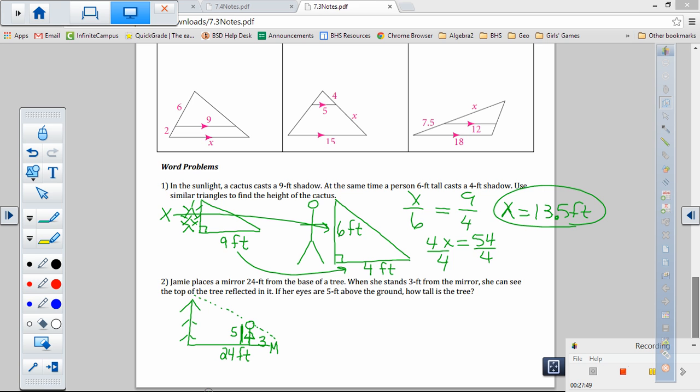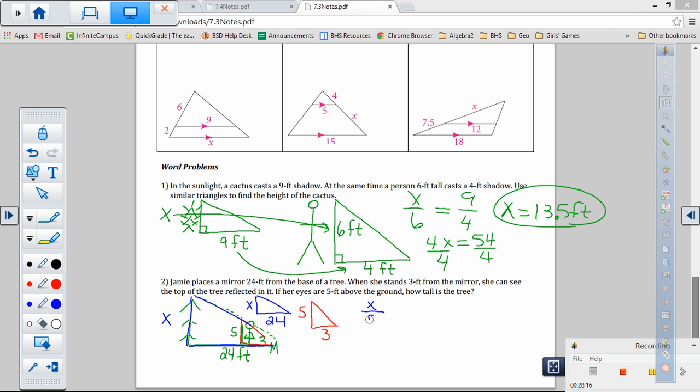So what they're asking you to do is to recognize that there are two triangles here. This one, 5 feet tall, and 3 feet away from the mirror. And then there's this one. How tall is my tree with a 24-foot shadow across the bottom? Okay, how tall is the tree? Well, let's figure it out.